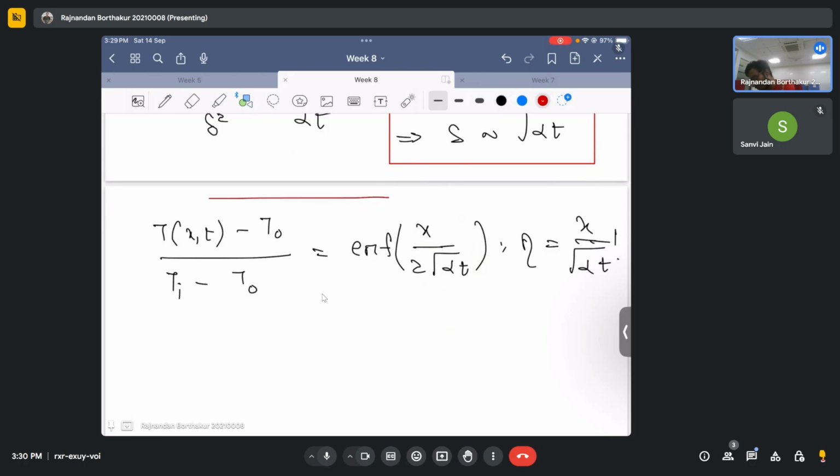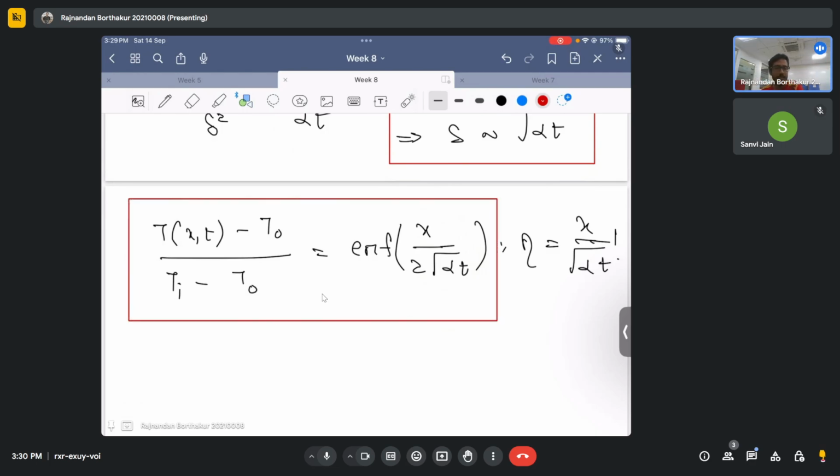So this is the temperature profile that you have derived using the similarity variable approach. I repeat, the motivation for using the similarity variable comes from the fact that you know how your distance of propagation would evolve with time.